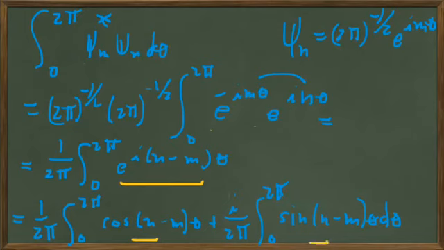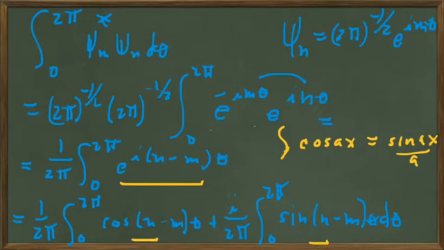Now before we go on to the next blackboard, let's note that when we integrate cosine of ax, we get sine of ax over a, and if we integrate sine of ax, we get minus cosine of ax over a.